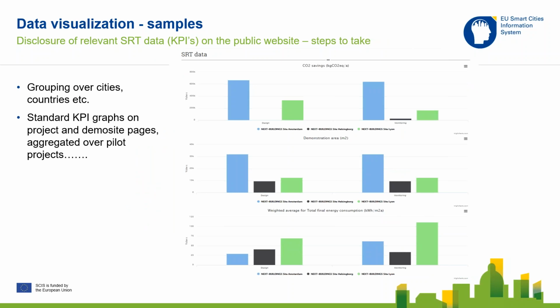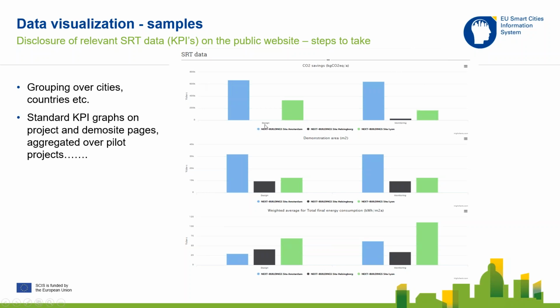Further, currently there are standard graphics on a very limited set of KPIs on the SCIS website, for which you don't need to make your own choices. That is CO2 savings, demonstration area, and final energy consumption, weighted average for different demo sites per project. And then you see the design data versus the monitoring data.